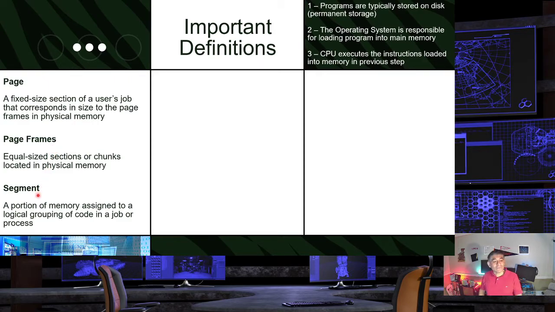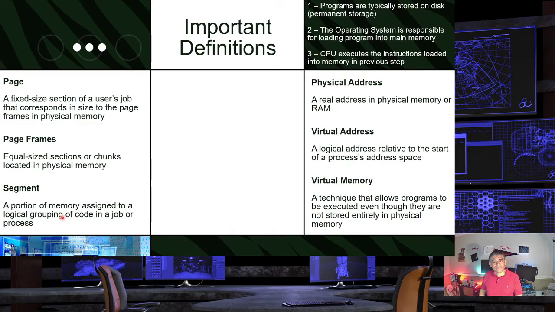Next, we talk about segment as a portion of physical memory assigned to a logical grouping of code in a job or process. Next, we define physical address as the real address in physical memory or RAM.